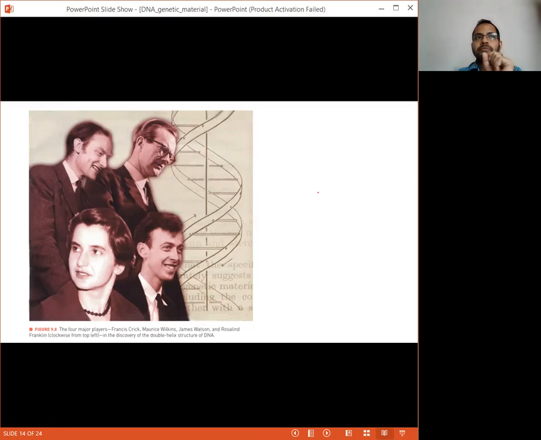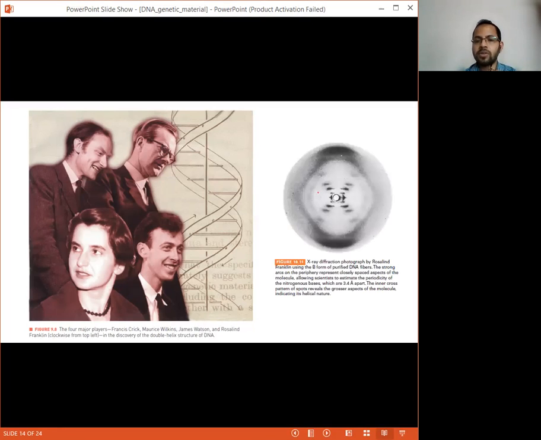At that time, Rosalind Franklin was doing the same kind of work, applying X-ray crystallography. Do you know what we mean by X-ray crystallography? We apply X-rays on a particle and try to observe the structure on the X-ray film, how it looks.